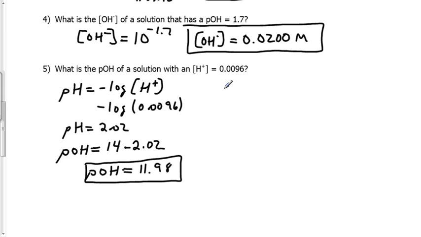So we could say that OH minus is equal to 10 to the negative 14th over 0.0096.